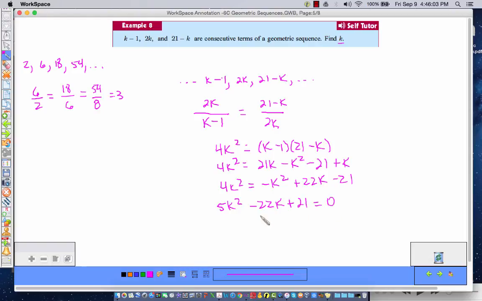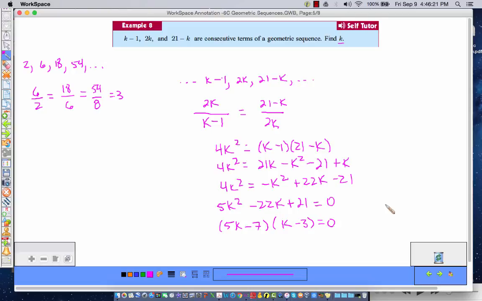And this will factor. You can use quadratic. You can split the middle term. I'm not going to go through that here because we should know how to do that. We get 5k minus 7 times k minus 3 is equal to 0.